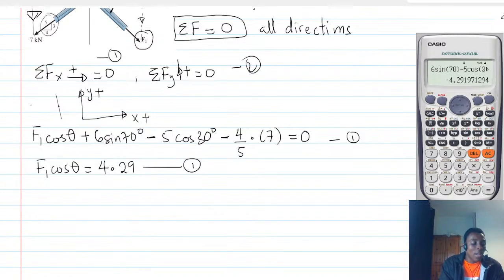Okay. So we are done with summation of forces along the x. Now we are going to do summation of forces along the y, but it's going to be very easy. Is that right?